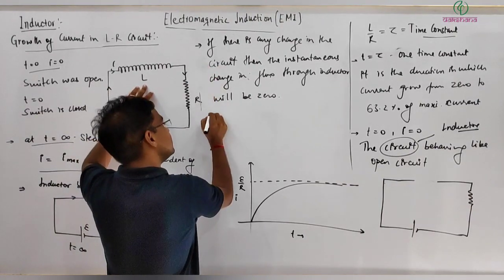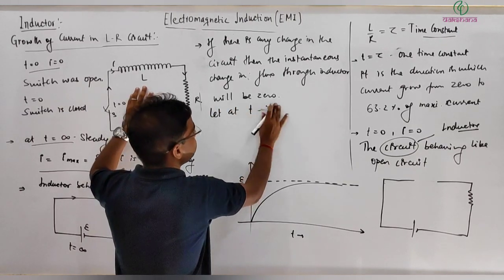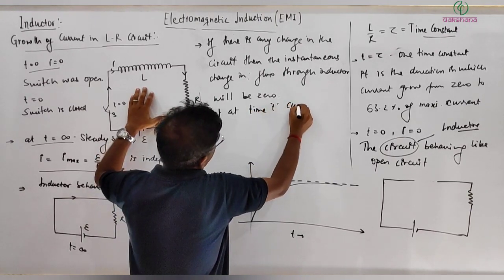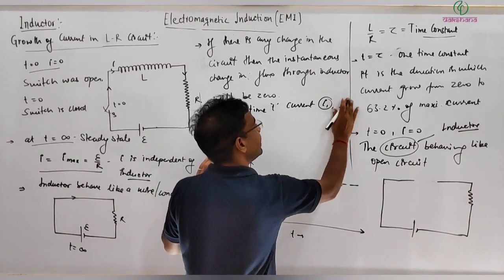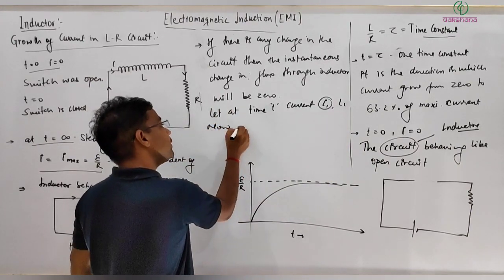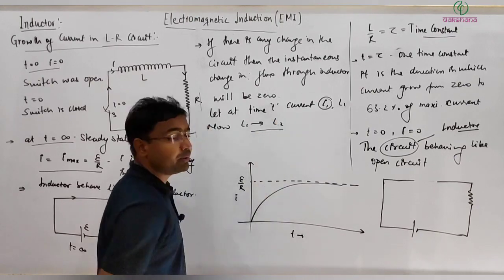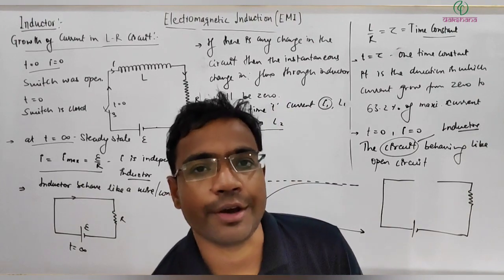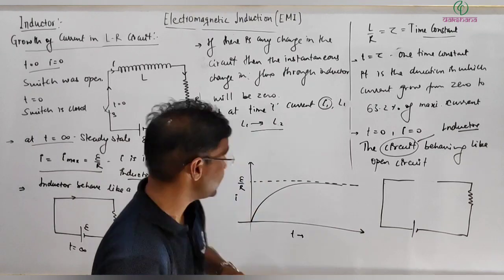So just like here, at some time t, let's say the inductor is L. This explanation I will give: let at time t, the current across the inductor be I1, inductance L1. Now L1 is changed to L2. So what will happen? The point is that flux will not change, current can change.